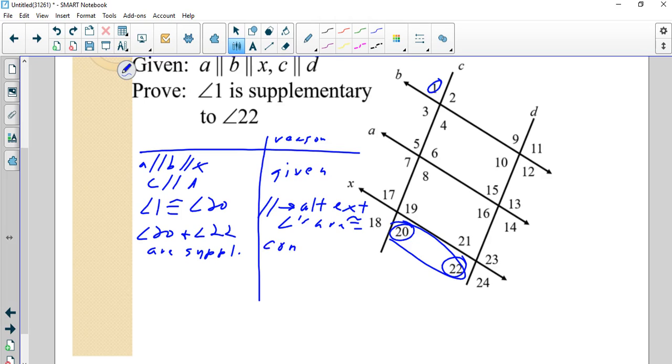And then we just justify consecutive interior angles are supplementary if lines are parallel. So actually, let's fix that. Let's go with our new way of writing if lines are parallel, and then say consecutive interior angles are supplementary.